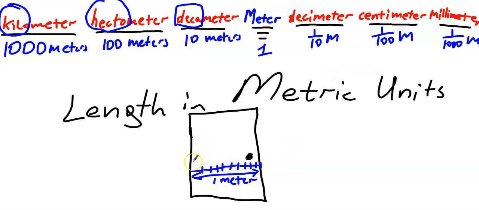Centimeters, you need 100 centimeters, and that would equal exactly the same thing as 1 meter. And millimeters are extremely tiny. So if you took a full meter doorway, you need 1,000 millimeters to fill up a meter.